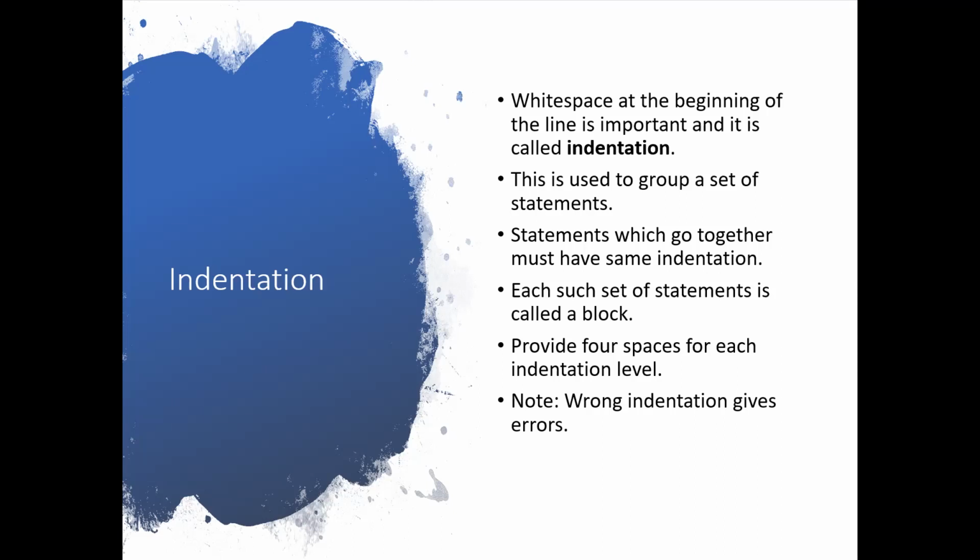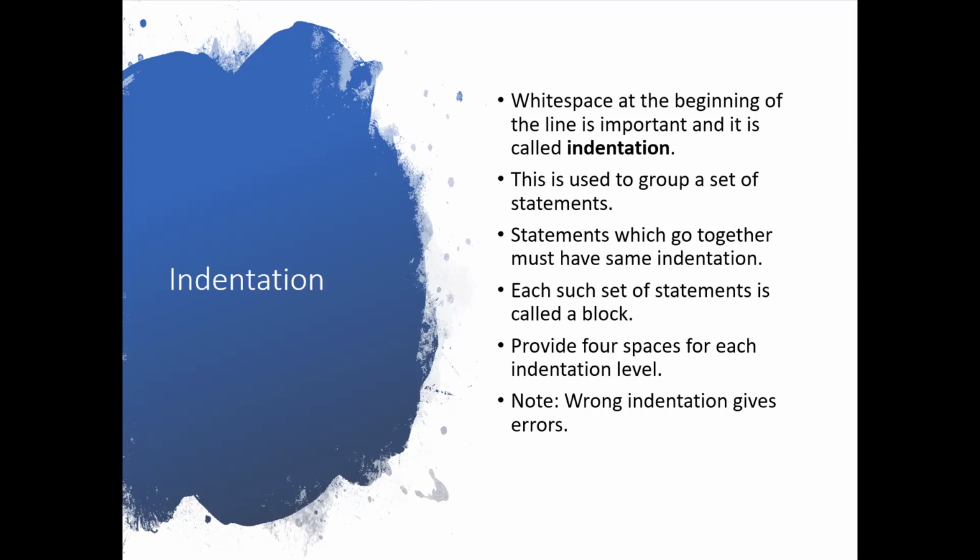If you take C, for example, you can have brackets to indicate the block statement. But in Python, there's no way that you can actually represent that, except you have to use indentation, right? Putting spaces is very, very important, and you have to be very careful with white spaces.